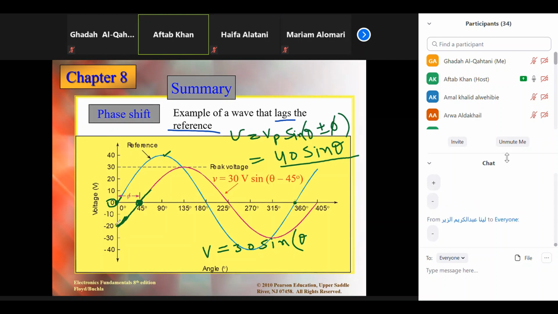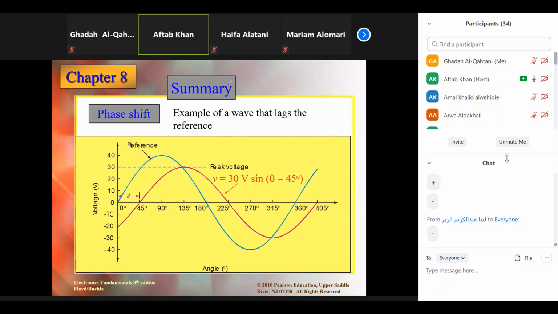So it is going to be minus 45. Why 45? Because it's starting at this point, 45. So I can write the equation as 30 sine theta minus 45. So we can say that the red one lags the reference by 45 degrees. See now.